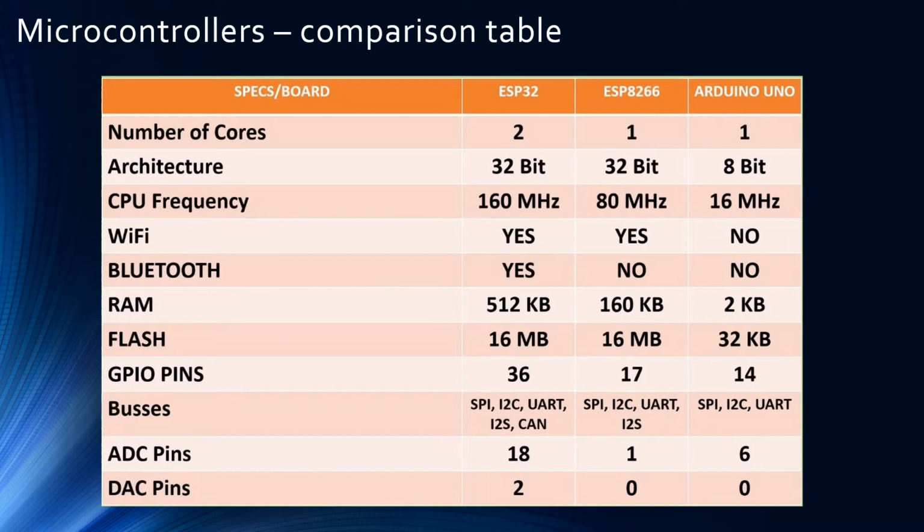If you see here, the Arduino Uno is only 60 megahertz, the ESP32 160 megahertz. So basically, ESP32 is superior, but the price is also different. The price of the ESP32 is twice that of the Arduino.